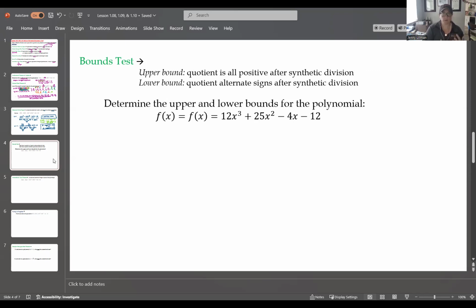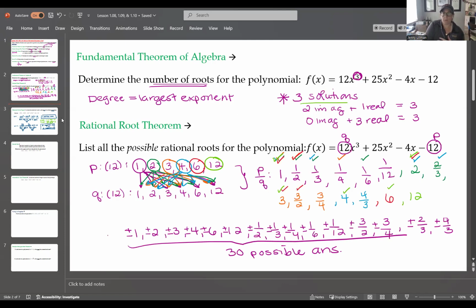The bounds test creates bounds. It says, don't search everywhere. Right now, my numbers range from negative 12 to positive 12. So I've got this really big span. I can choose numbers from negative 12 to positive 12, and there's 30 in there.